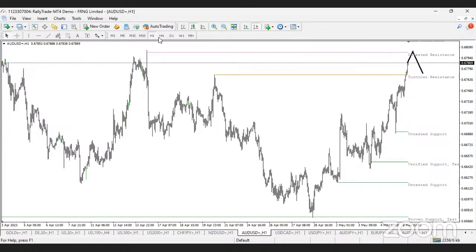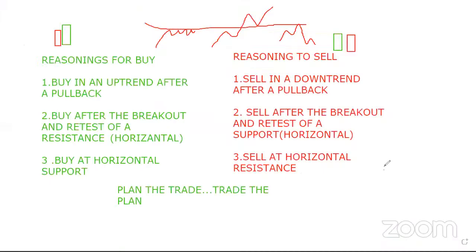If we are to enter a sell, we need to see the break of a previous higher low, since price has been moving up. Price has been moving up, creating higher highs and higher lows. The reason to sell is that once price breaks the last higher low and there's a pullback, we have a reason to sell.